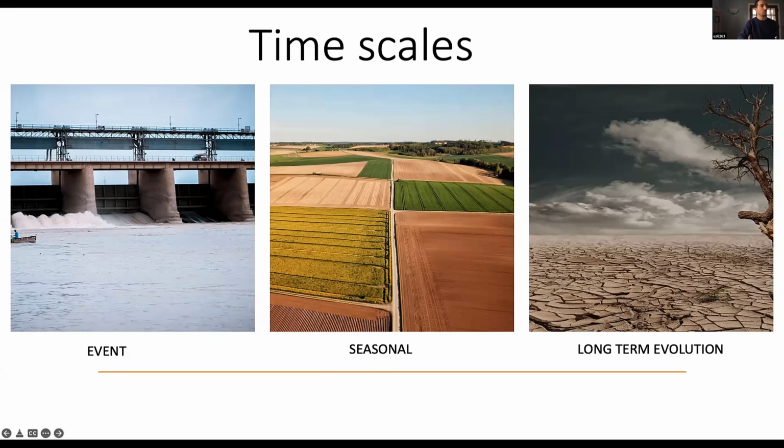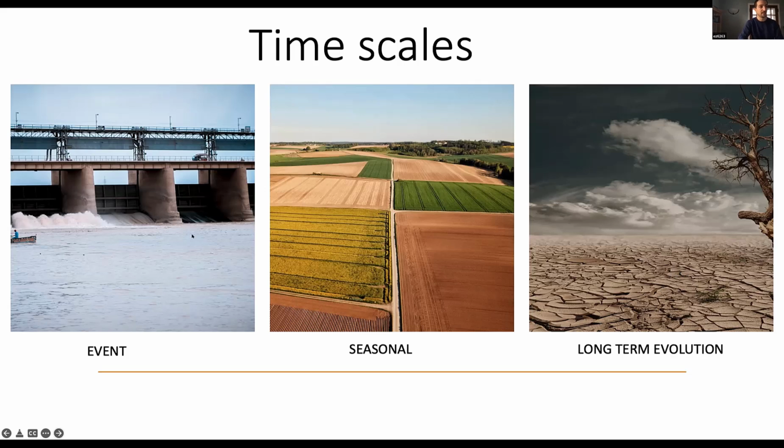And so these are what we usually deal with using hydrological models or weather forecasting models. But then if we upscale, we can look at the seasonal, for example, at the evolution of land over a growing season, which we're interested in for agricultural purposes. And if we upscale more, we can study the evolution of land over decades or centuries. And this is what we use climate models for.